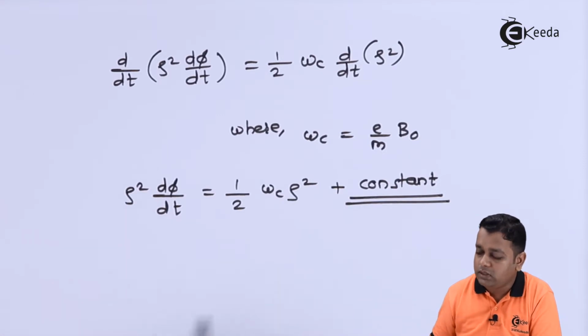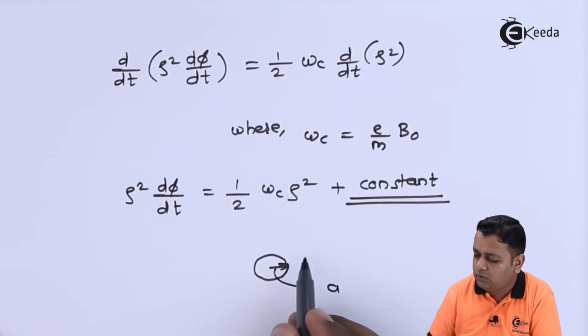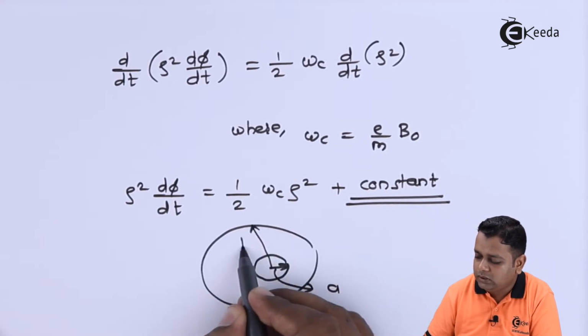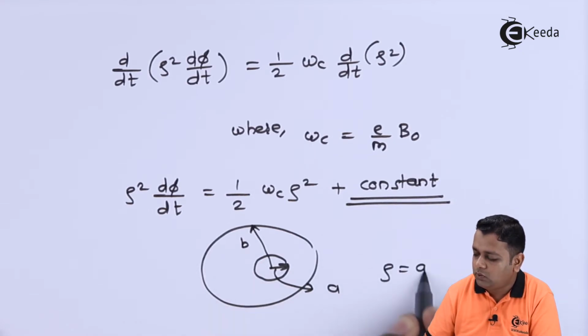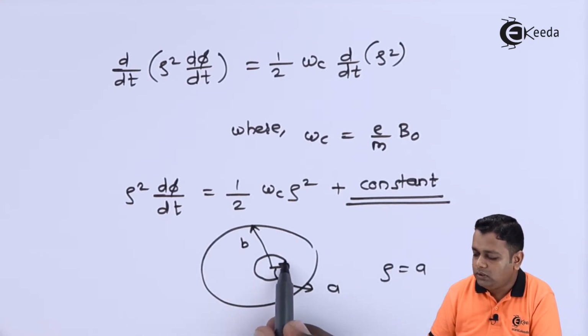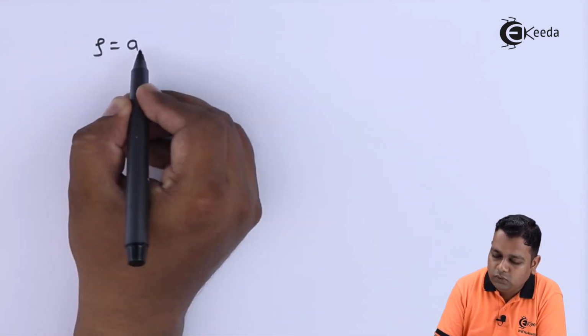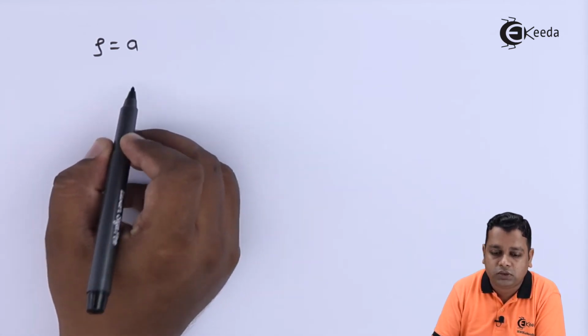As in the diagram, we have the inner cylinder with radius a, and the outer cylinder with radius b. We put the condition that ρ is equal to a, so that we check the relation at the boundary of the cathode terminal. Applying the boundary, we write ρ equal to a and get the above equation modified.